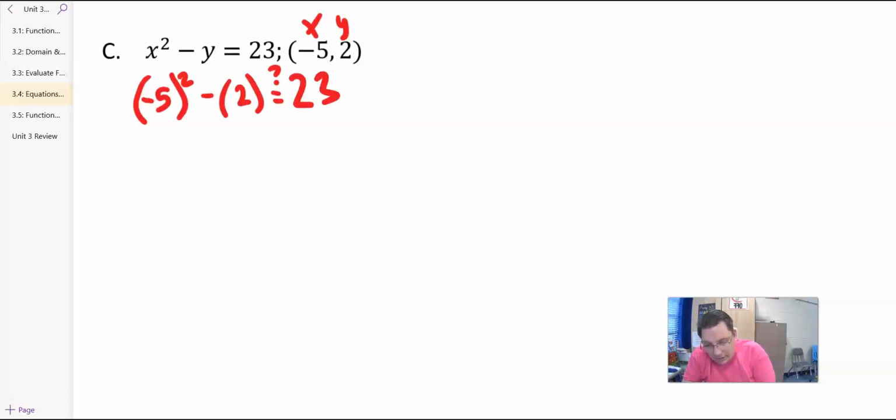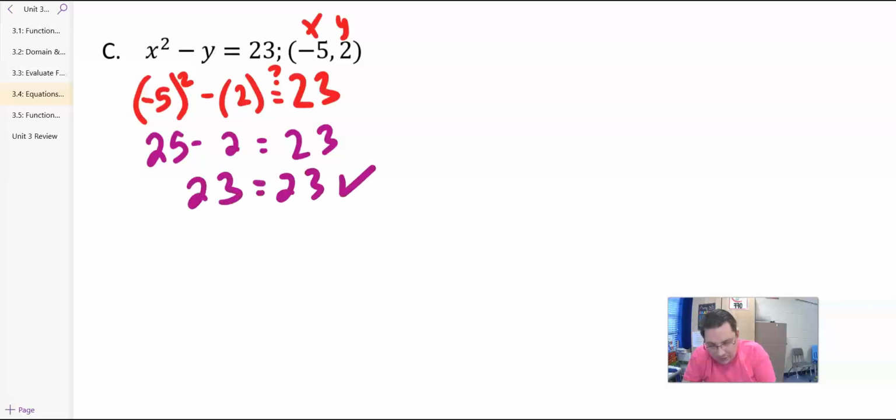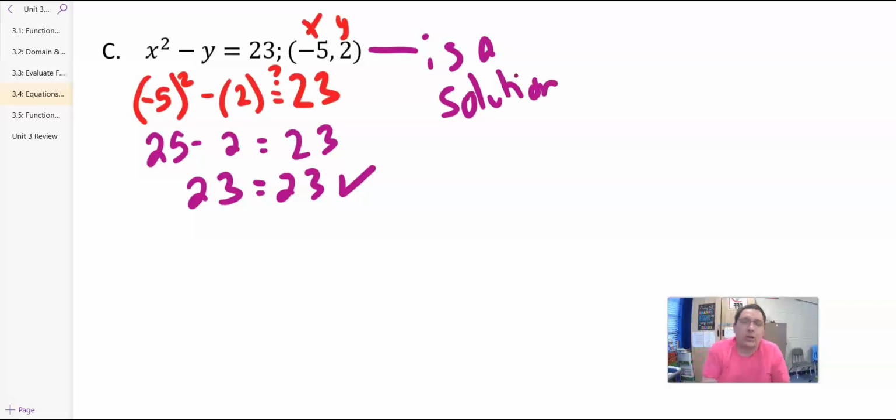Well, when we substitute that in, (-5) squared is positive 25, minus 2, and 25 minus 2 is 23. And so this checks out. So (-5, 2) is a solution to the equation x squared minus y equals 23.